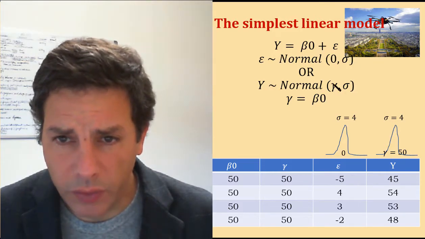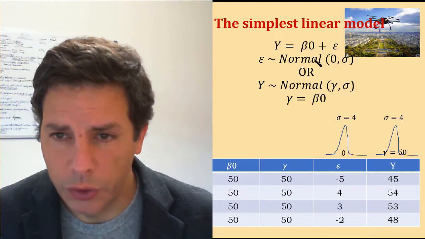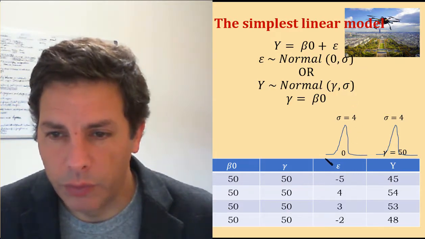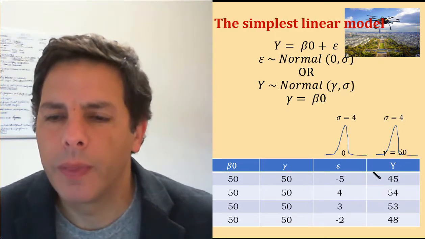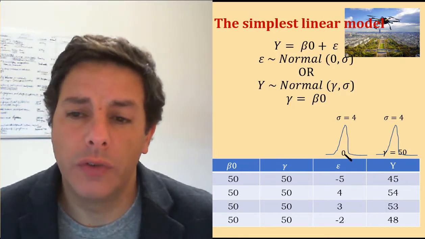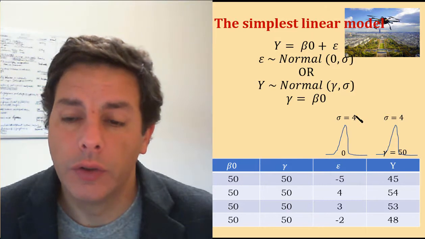Well, we say in the model that epsilon comes from a normal distribution with a mean of 0 and a standard deviation that we are going to estimate from the data. So the epsilon comes from this distribution that I drew, and that distribution has a mean of 0 and a standard deviation of 4.